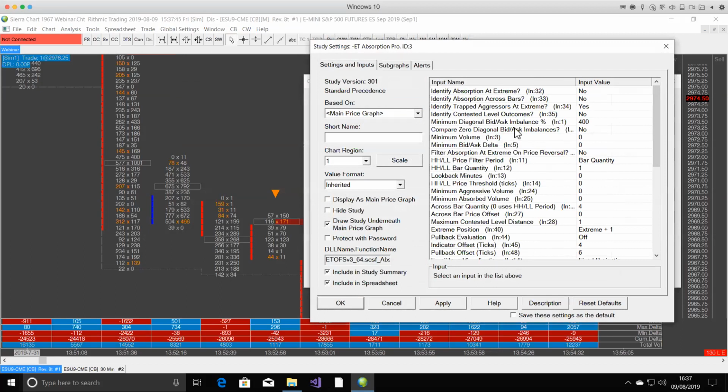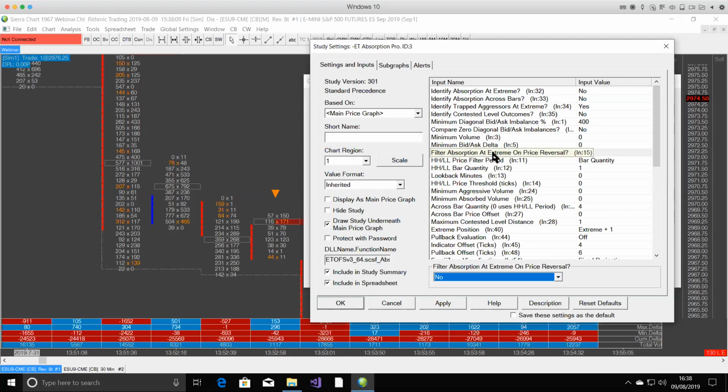Will we compare a zero on the other side? Is there a particular amount of volume that we must have for it to be a valid imbalance? How much delta do we want diagonally? So how much net buying, 171 less 39, are we going to allow through the filter? So just like every other indicator we've got that looks at imbalances, we allow some fine tuning of the imbalance.